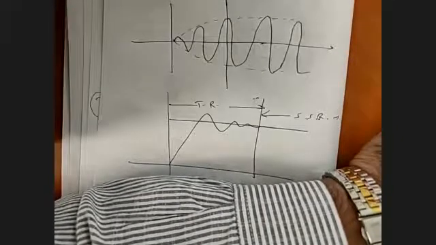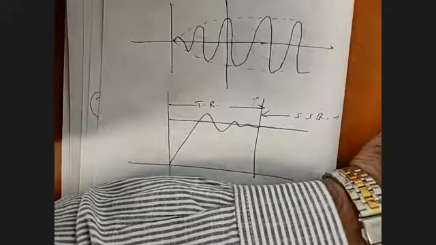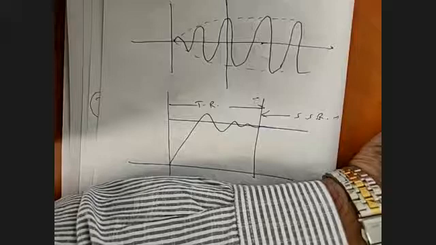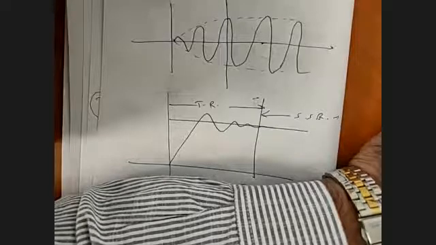So first we have to identify the mathematical model of the system. And then for any specific input signal, a complete time response can be obtained through the Laplace transform.